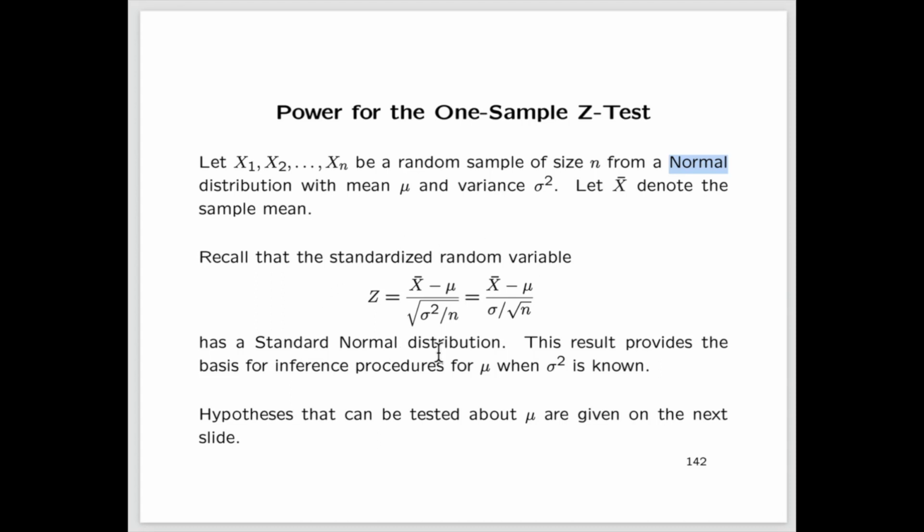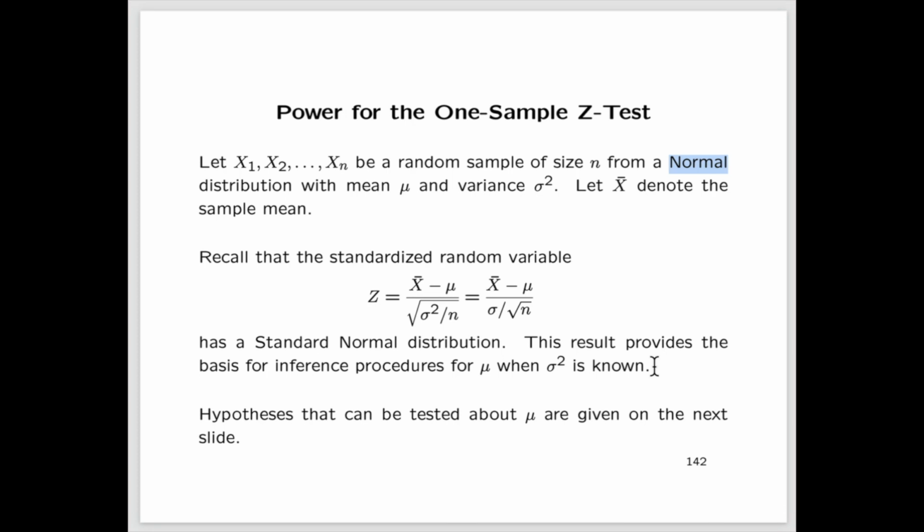The fact that this standardized version of x bar has a standard normal distribution provides the basis for inference procedures for the population mean mu when sigma squared, the population variance, is known.